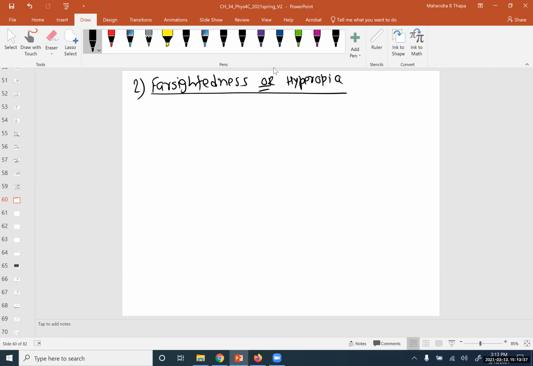The person having this kind of defect can see objects at infinity, meaning he can see the far object, but cannot see an object at the near point clearly.